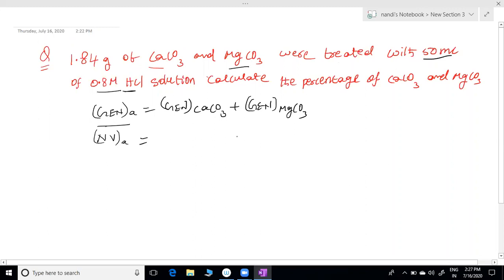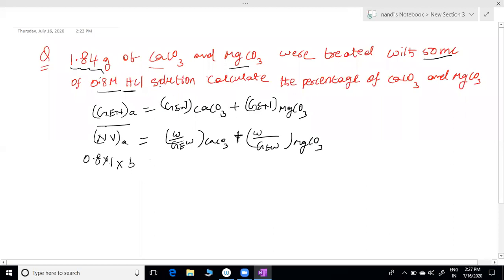This is the formula. Now I am going to solve it. N factor is 1 for HCl. So molarity into N factor is 1: 0.8 into 1 into volume, 50 ml. We need to convert to liters, otherwise we'll get milligrams. Here they gave grams, so I need to convert into liters only. There is no option for me.